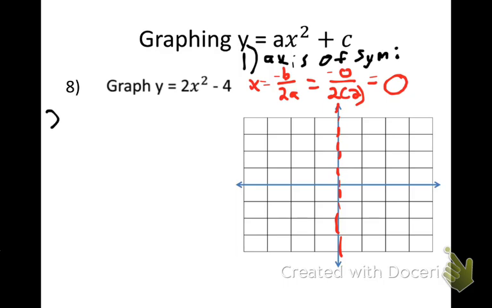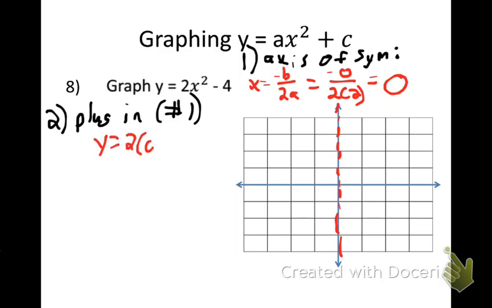So the next one here. Step 2 says plug in. So I plug in my answer from number 1. What value am I going to plug in? I'm going to plug in 0, giving me y equals 2 times 0 squared minus 4. Well, 0 squared is just 0, 0 times 2 is 0, minus 4 is negative 4.